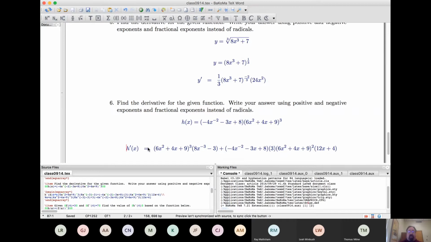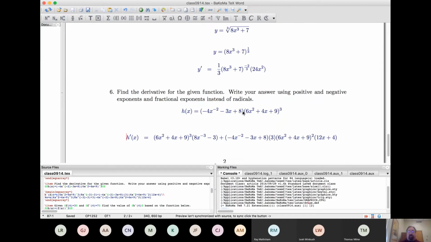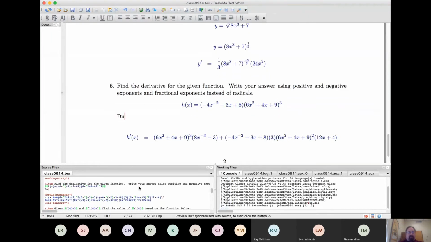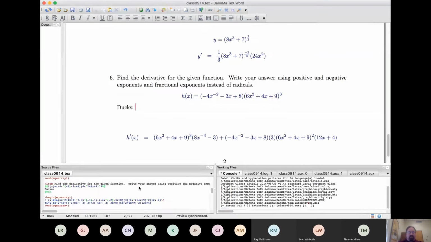All right. So here we have this function as is. So using my notation from last lesson for the product rule, P of X would be this first part, and then Q of X would be the second part.